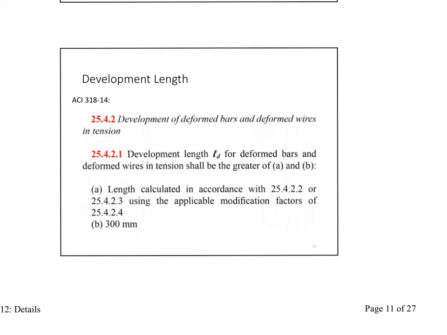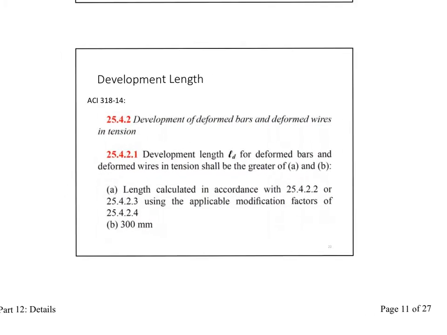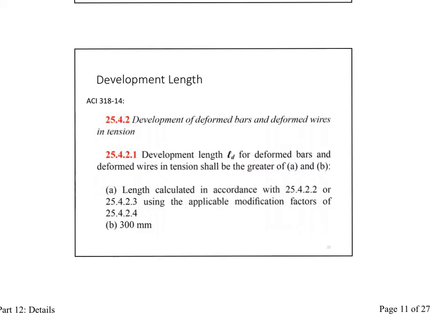development length of the bar. It is calculated based on this provision, the greater of A and B. This provision, 25.4.2.2 or 25.4.2.3 or 25.4.2.4, where it has the factors. So the factors in 2.4 would be used for 2.3 and 2.2. We will look at this now.